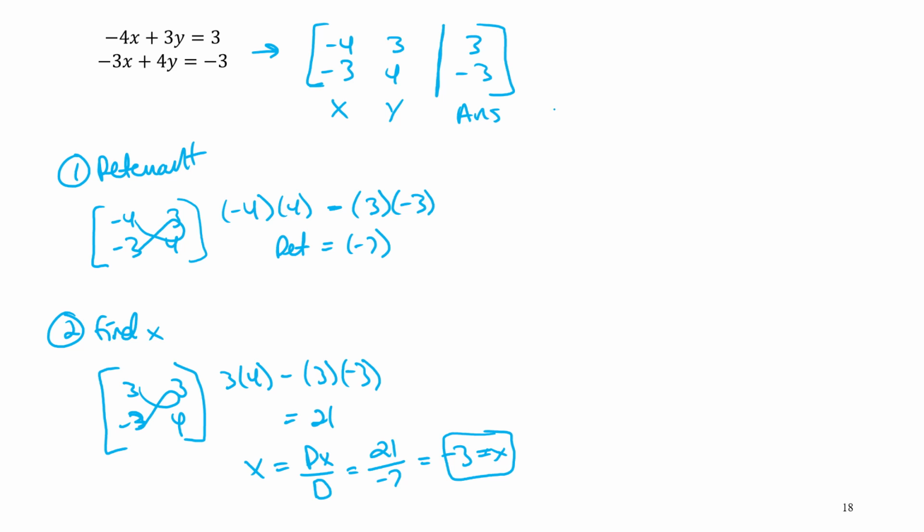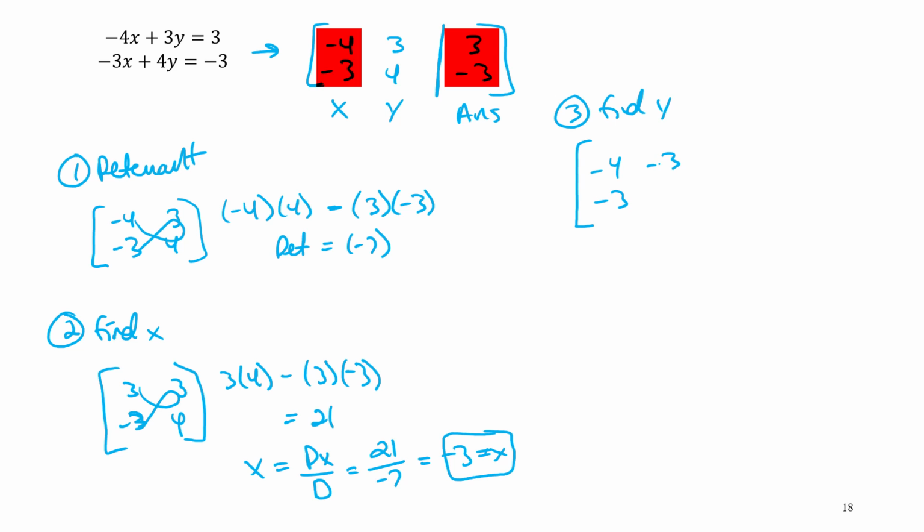To find y, we're going to keep the x column and replace the y column with the answer column. So you get -4, -3, -3, and -3.